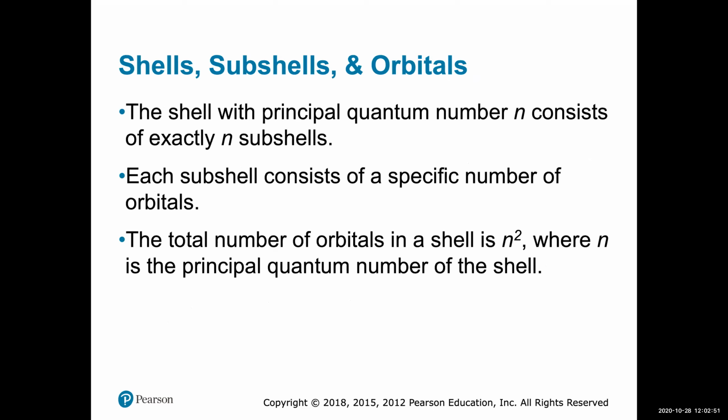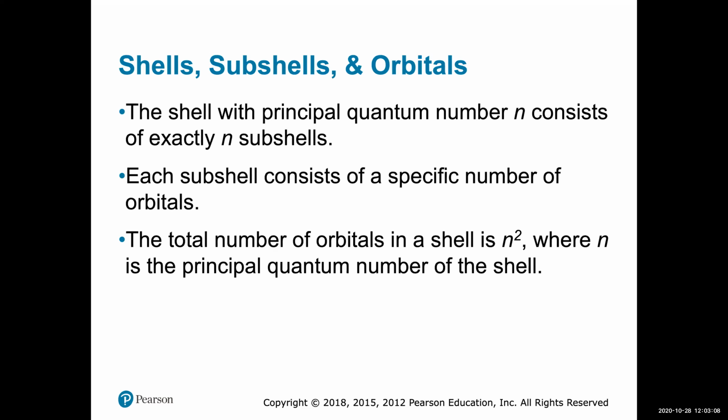The shell with the principal quantum number n consists of exactly n subshells, and each subshell consists of a specific number of orbitals. The total number of orbitals in a shell is n squared, where n is the principal quantum number of the shell.